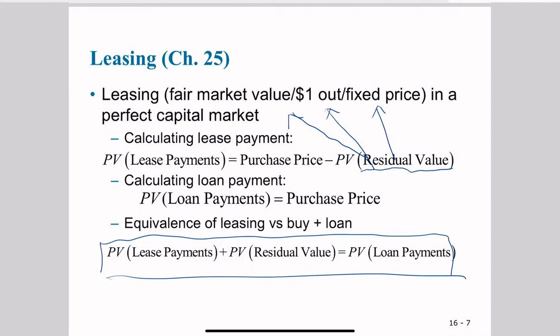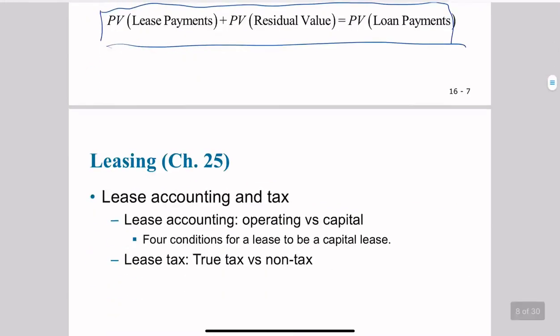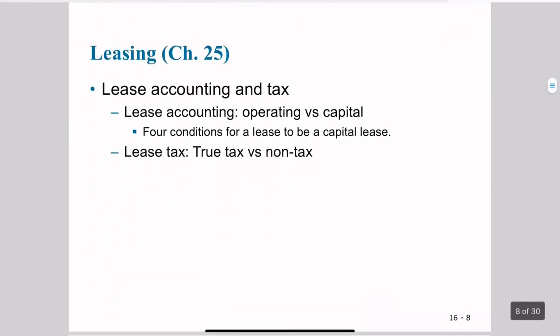Then the sum of these two terms should be the same as the present value of your loan payments. That is, it should be the same as the purchase price. And then we discuss lease accounting and lease tax. In terms of lease accounting, we have two kinds of accounting rules. We could have operating lease, or we could have capital lease.